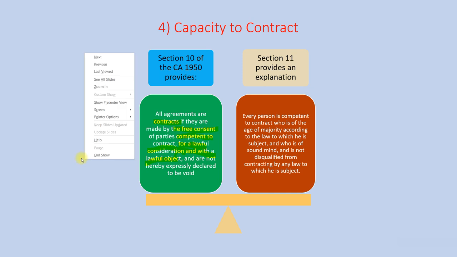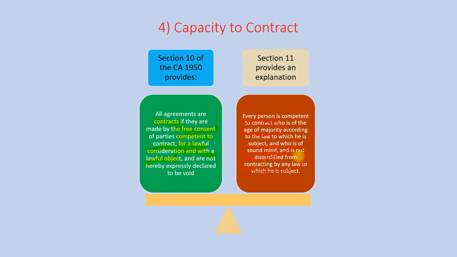So basically under Section 11, the main points are: age of majority, number 1; second, sound mind; and the last, he is not disqualified from contracting by any law.